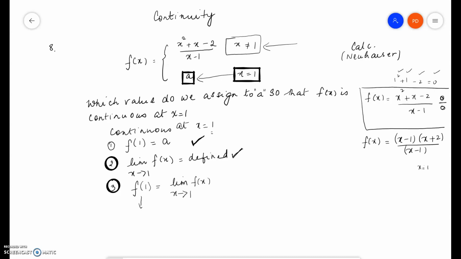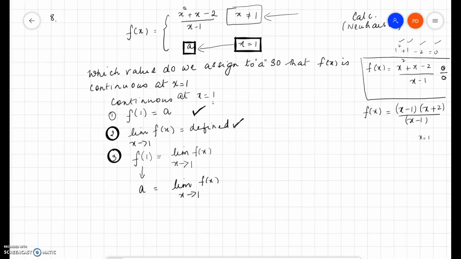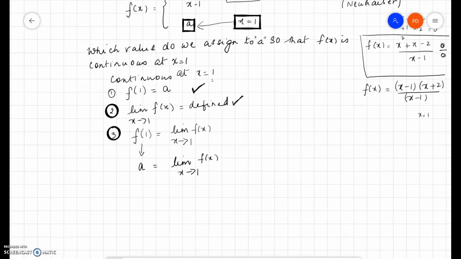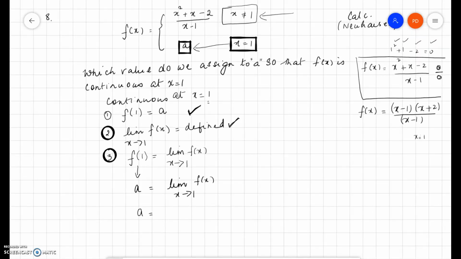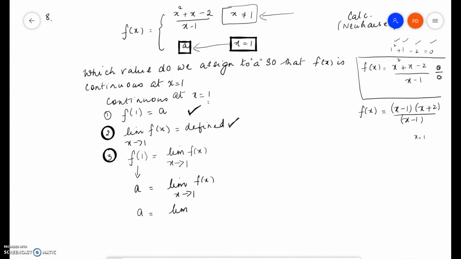So f(1) is equal to a, and we need to make sure that is equal to the limit of f(x) as x approaches 1. So what is the limit of the function as x approaches 1? Let's see how the function is defined as x approaches 1.